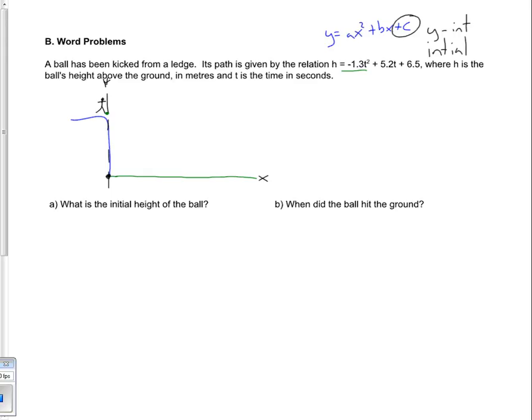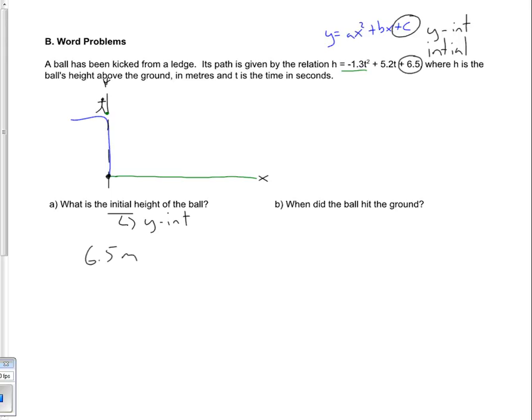Whenever you see the term initial, like the initial height, that means the y-intercept. In this particular instance, the y-intercept is going to be 6.5 meters. We know that it's 6.5 meters because it tells us that in the original equation. So we know that the ball is going to be somewhere over here.